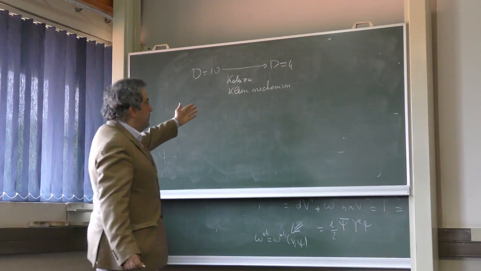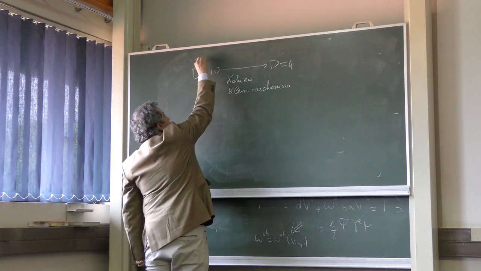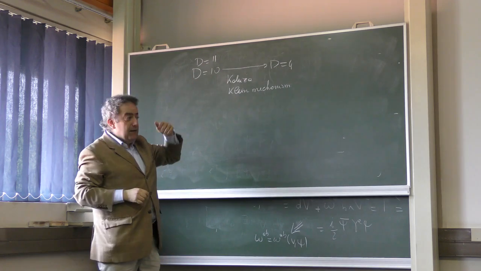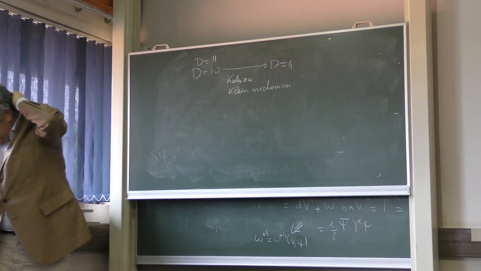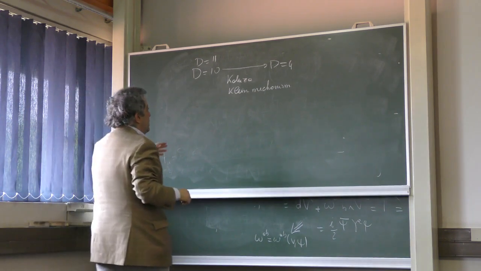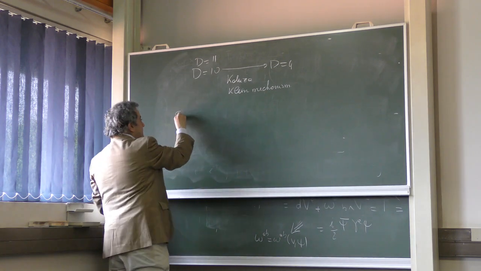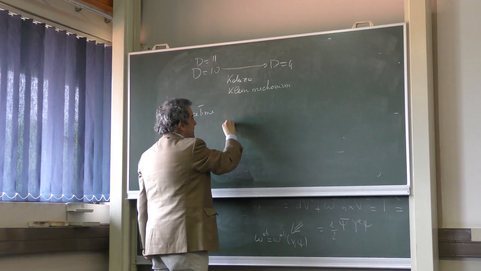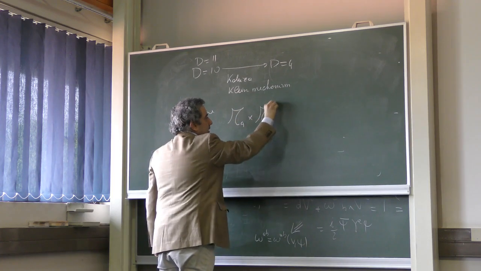So, how do we perform this dimensional reduction from 10 or even from 11 dimensions? So superstring theory or M theory. What we do is we realize superstring or M theory on a background space-time which has this form here, M4 times M internal.